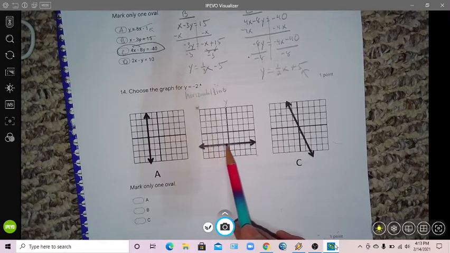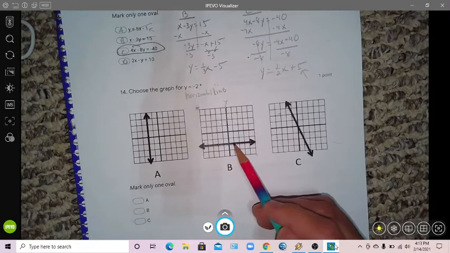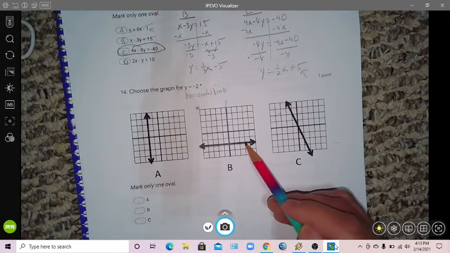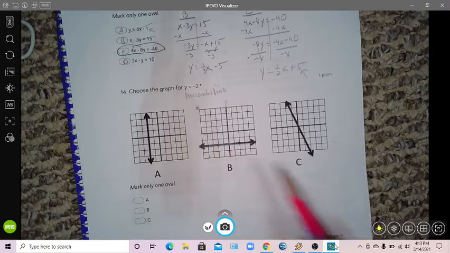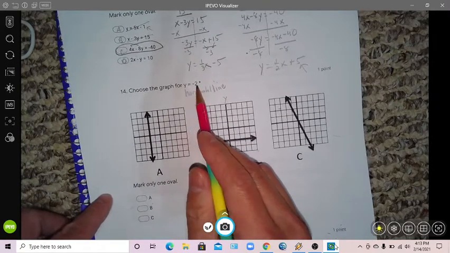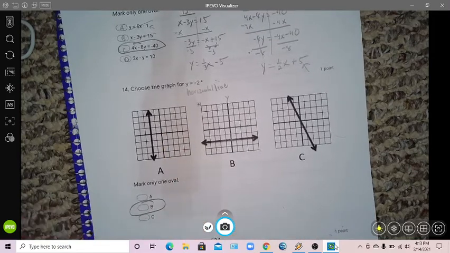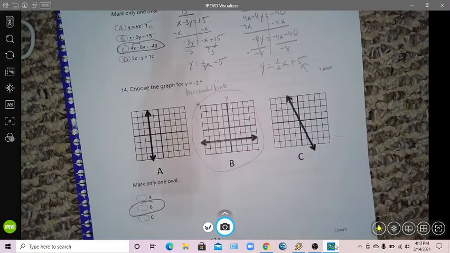Anything along this line, y is -2. What's this point? 1, -2. What's this point here? 2, -2. 3, -2. Anywhere along here, the y is -2. So that's why it's option B. Y equals, you have a horizontal line. X equals, you have a vertical line.